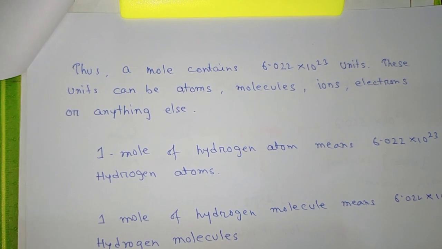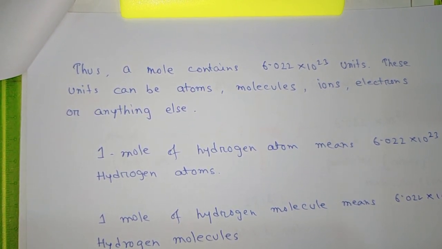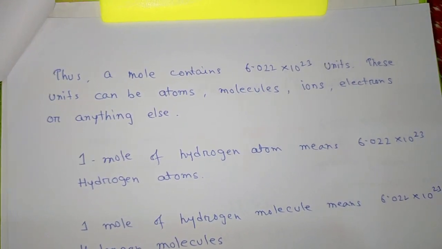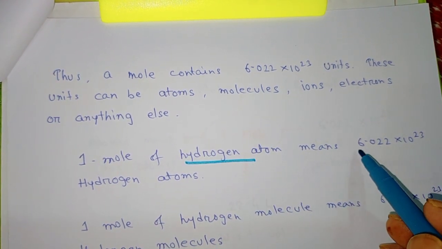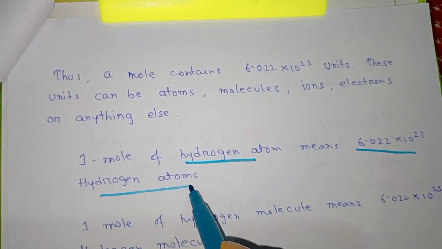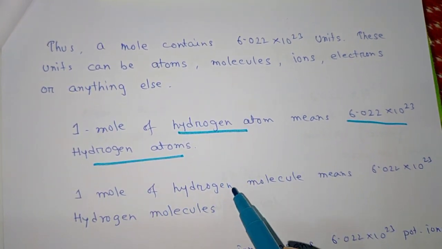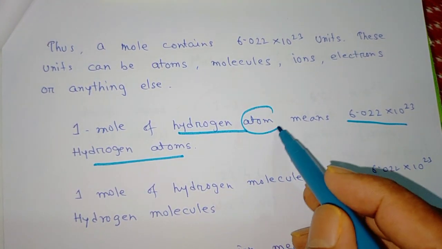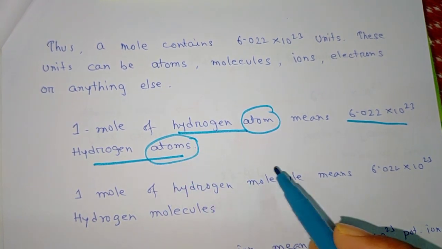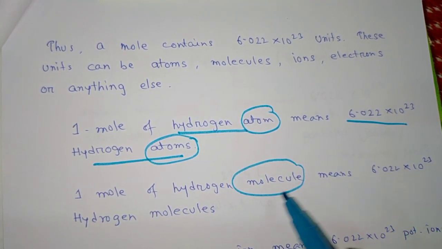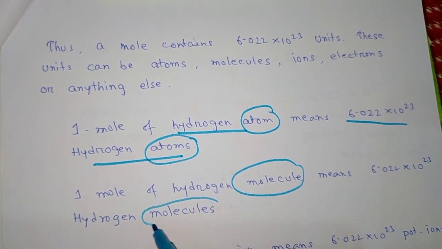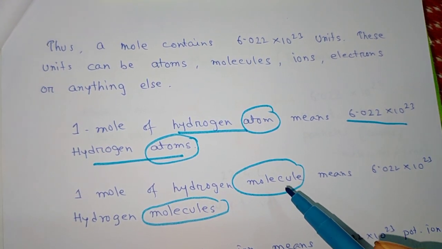Now 1 mole of hydrogen atom means we have this much number of hydrogen atoms. We have to mention atom here. 1 mole of hydrogen molecule means 6.02 × 10^23 hydrogen molecules.